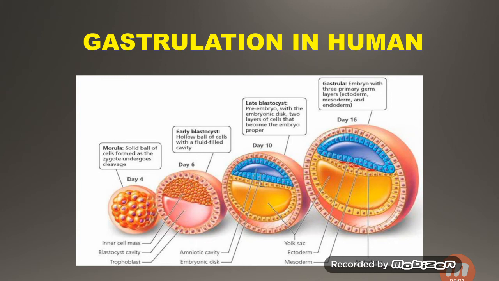Once the groove has formed, cells of the epiblast migrate inwards towards the streak, detach from the epiblast and slip beneath it into the interior of the embryo. This process is known as invagination.